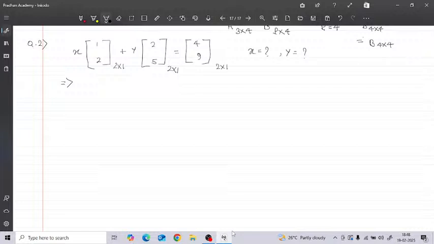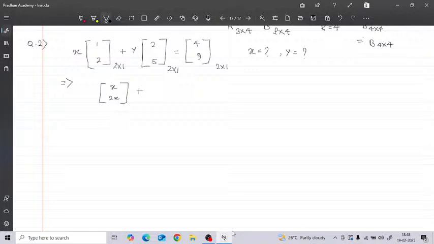So we can add them, and if I multiply a scalar, meaning some number, with a matrix, then it will be multiplied to each element of the matrix. These are some basic properties of matrices. So if I multiply x, I will get x, 2x.